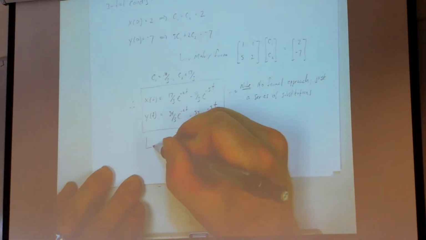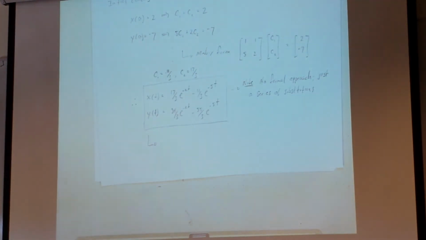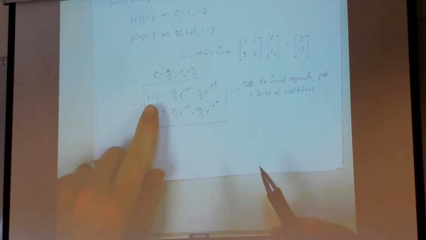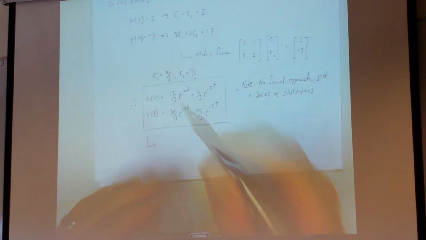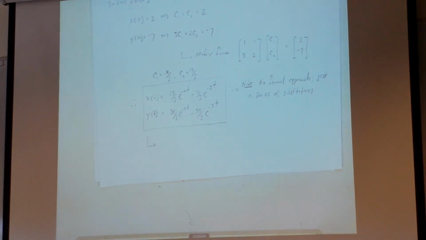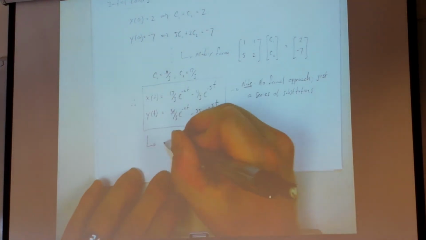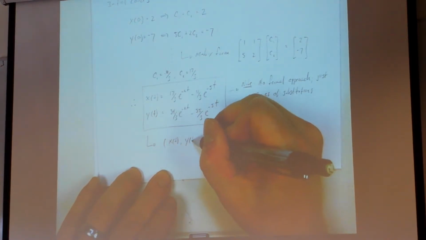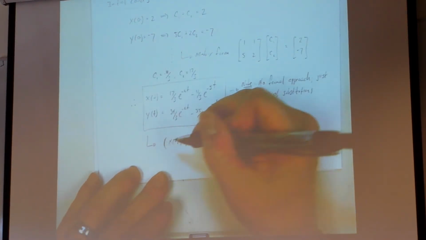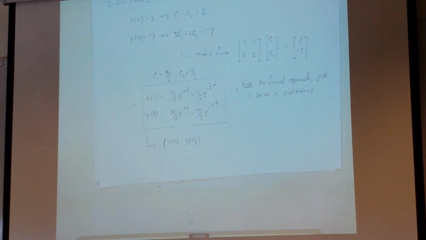Now, one other thing I want to note is that taken together, these are functions of a parameter t. So they have the same independent variable. Taken as a pair of functions, what kind of function is this? Vector function or parametric? Yeah, parametric function.